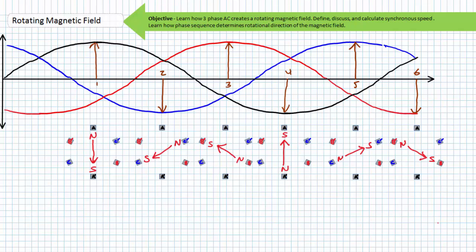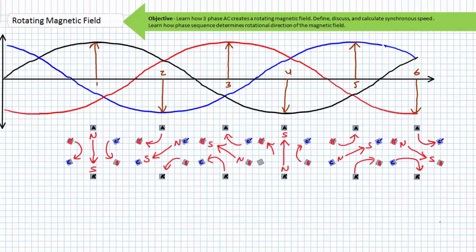When these observations are arranged with respect to time from left to right, note that the stator magnetic field will be oriented north to south from A to A prime at T1, C prime to C at T2, B to B prime at T3, A prime to A at T4, B prime to B at T5, C to C prime at T6, and return to the A A prime pair.